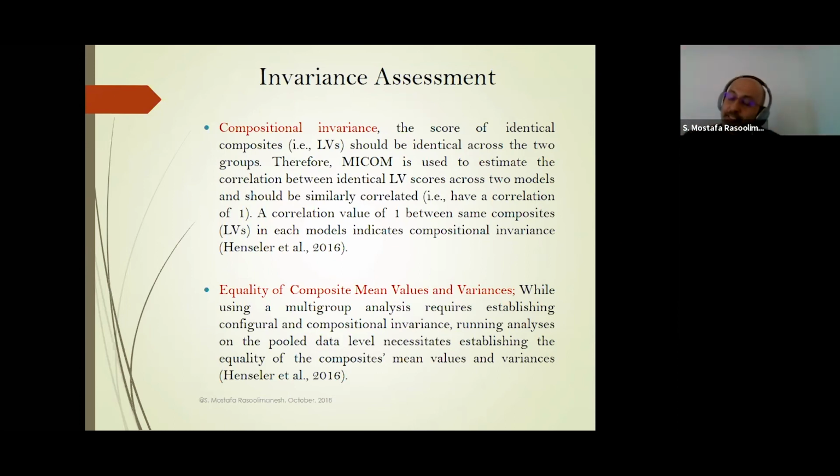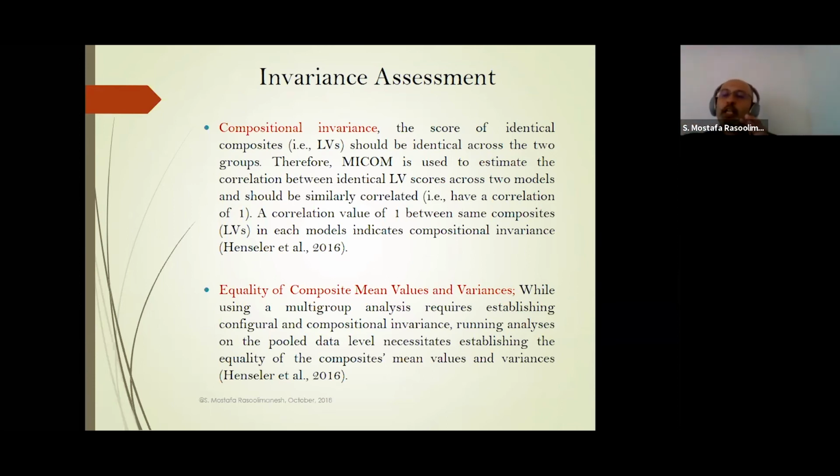But there is another step in MECOM, which is equality of mean and variance of constructs in the two groups. But this is not a requirement for MGA. It is only needed if you want to merge your data.